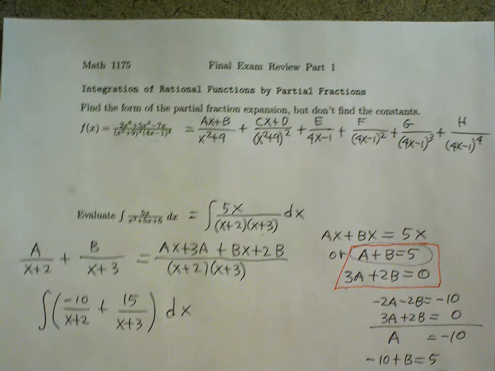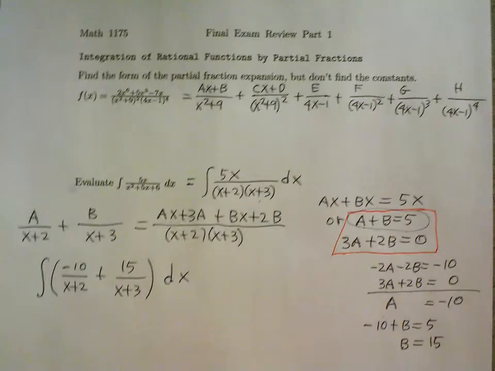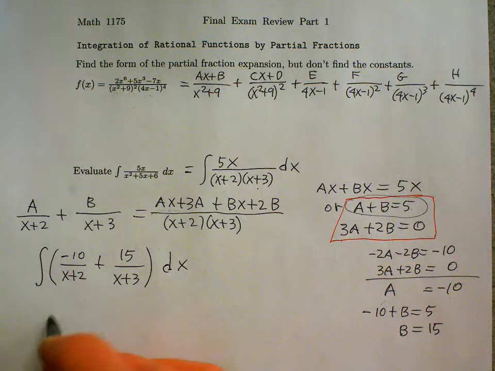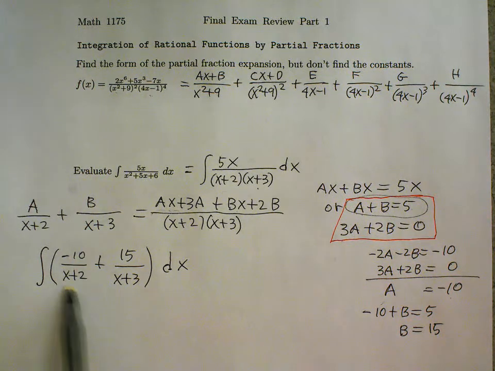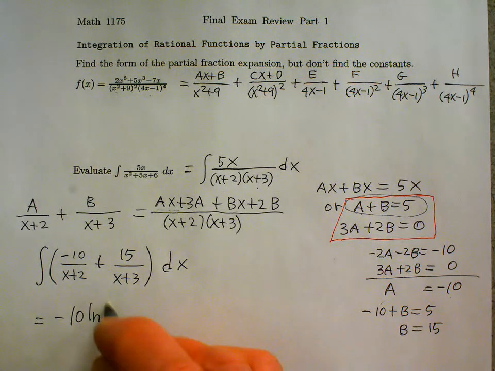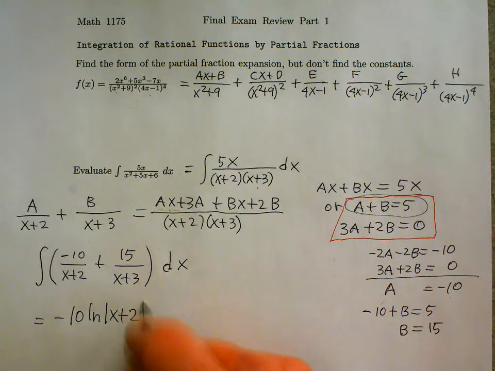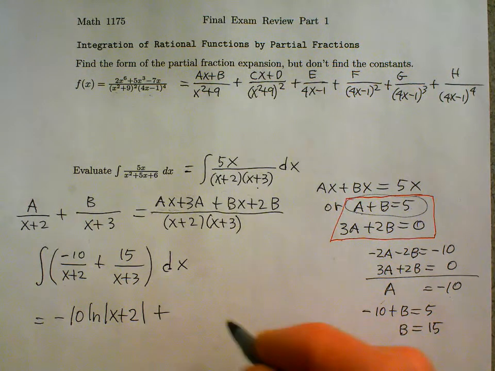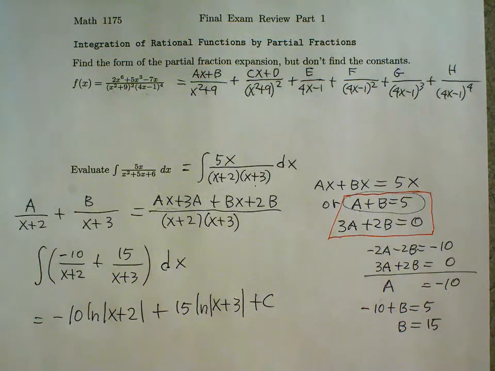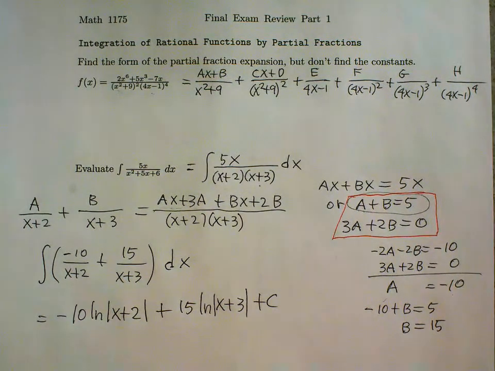And this is pretty simple to solve. An antiderivative of -10 over x plus 2 is -10 times the natural log of the absolute value of x plus 2, and then plus 15 times the natural log of the absolute value of x plus 3 plus a constant. So that's all there is to that one.